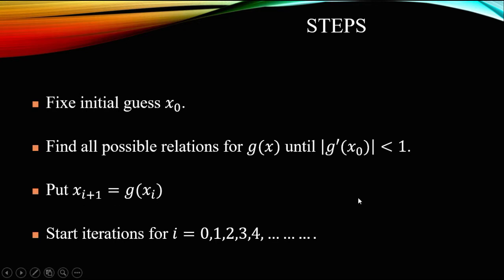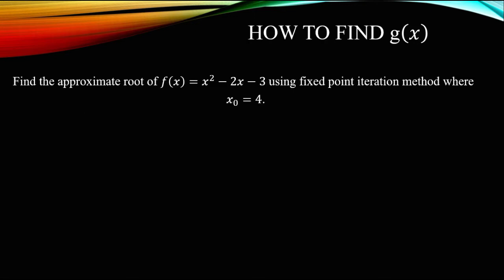Then, if the absolute of g prime of x naught is less than 1, you will substitute x i plus 1 is equal to g of x i, and proceed with your scheme for i is equal to 0, 1, 2, 3, 4 for different values of i. For i is equal to 0, you will get the first iteration. For i is equal to 1, you will get the second iteration, and in the same way you will get x3, x4, x5, and as you increase your iterations, you will get closer and closer toward the exact solution of the function.